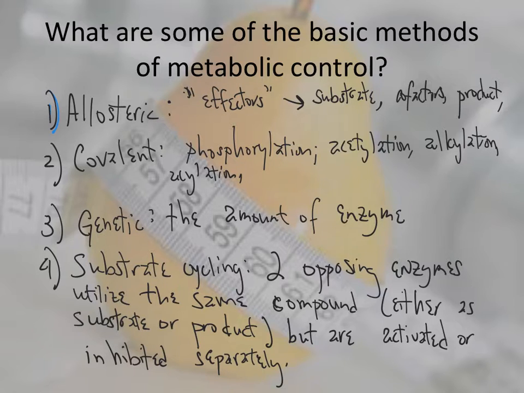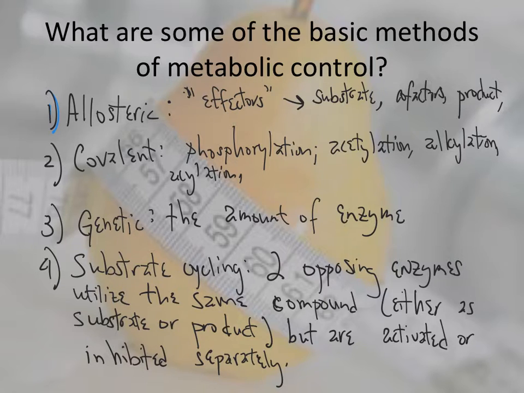Okay, and so you can modify or control one side of the reaction by the availability of substrate for the other one. Okay, so that's why we see this a lot where you have these opposing enzymes, so to speak, and they have some type of common compound, but they are individually activated and inhibited by different things.